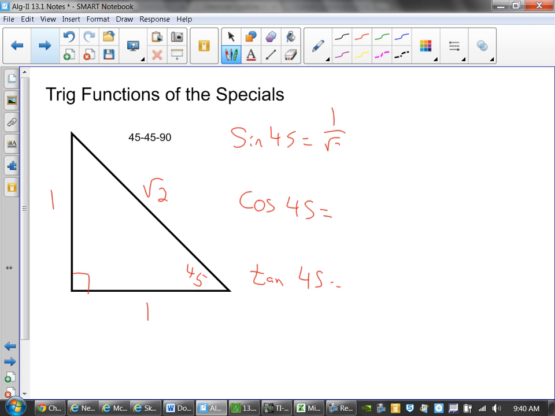1 over root 2. Remember rationalizing? Remember the shortcut. It's root 2 over 2. Remember, when you rationalize, what you're doing, in essence, is multiplying by root 2 over root 2. So it's root 2 over 2. Okay. Cosine is going to be what?